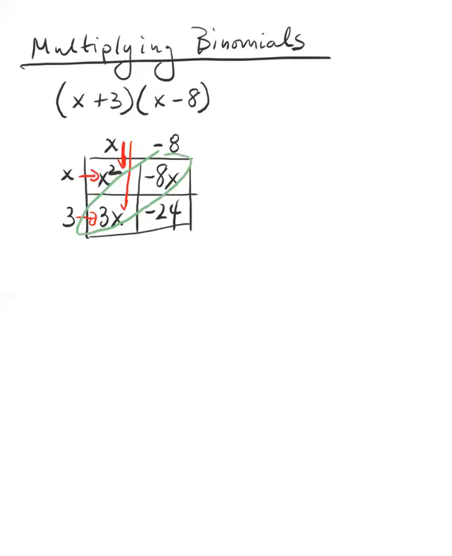So we just need to gather all our like terms. So we have x squared, nothing to combine there. The negative 8x and the positive 3x gets us negative 5x, and then minus 24. Okay, so this is what we have been doing last semester, so we should be pretty good at that.